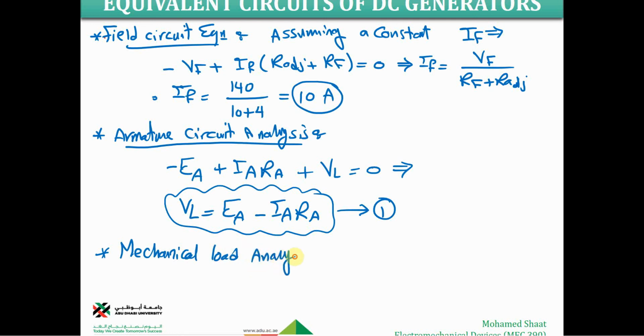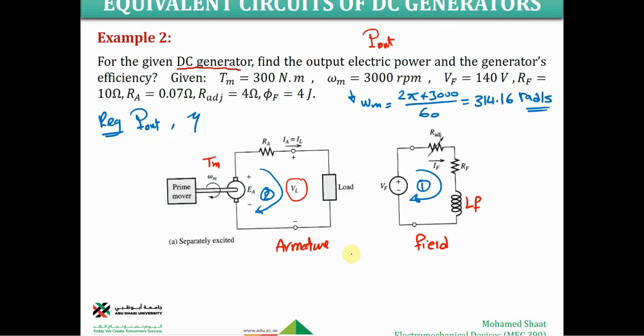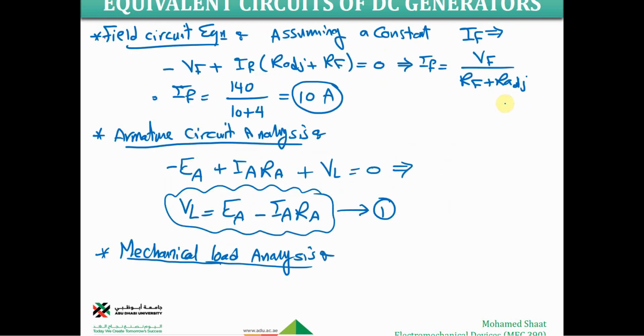For the mechanical load analysis, instead of calculating omega M and TM, we're going to calculate IA and EA. So we need two things, TM and omega M, which were given to us as 300 Newton meter and 3000 rpm, converted to 314.16 rad/s.